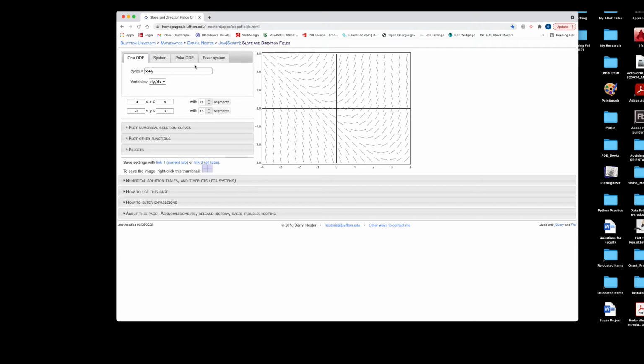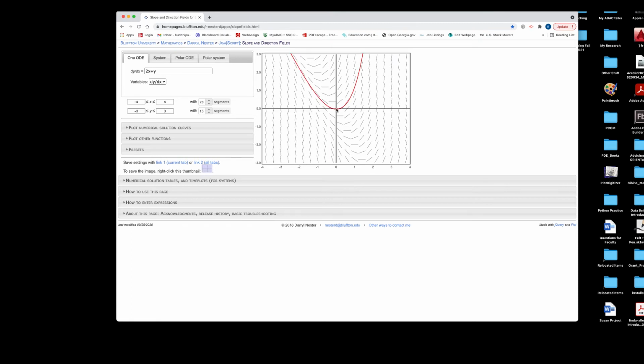Okay, so there are several options here. So what you can do here is, there is one ODE. We were working on x plus y, right? You type that differential equation, and you see that is the direction field or the slope field, okay? And if you want to draw a particular solution that passes through a given point, let's say, let me find out how a particular solution looks if it passes through (0, 0).